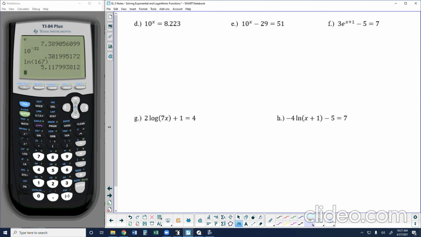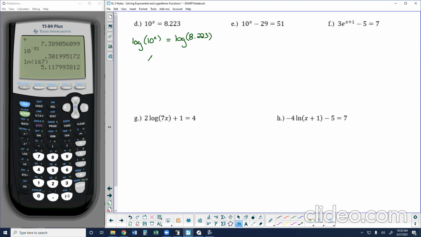Hopefully you got an answer to D at this point. In part D, we see x is in the exponent of the exponential expression. So I need to use a logarithm with the same base. So a log base 10 is what we would be taking of both sides here. Log base 10 is the inverse operation of the exponential base 10.